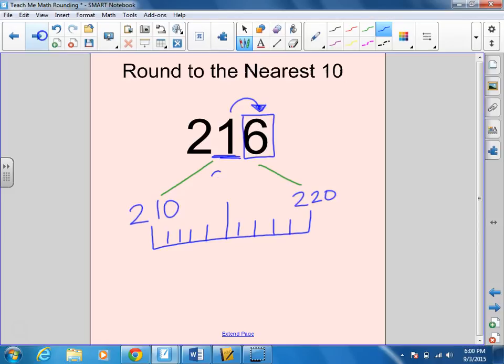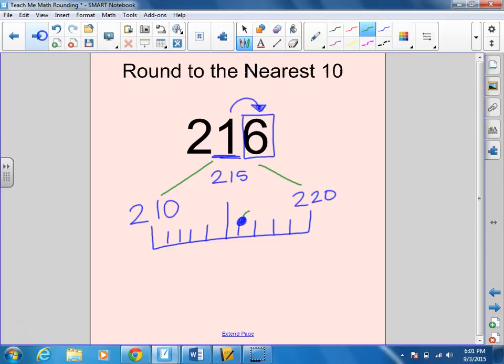In this case, it will be 215. You can point out to them that anything greater than 215 would round to the higher number. Anything lower than 215 will round to the lower value. So we begin to count 10, 11, 12, 13, 14, 15, 16. We find that 216 is here on our number line.